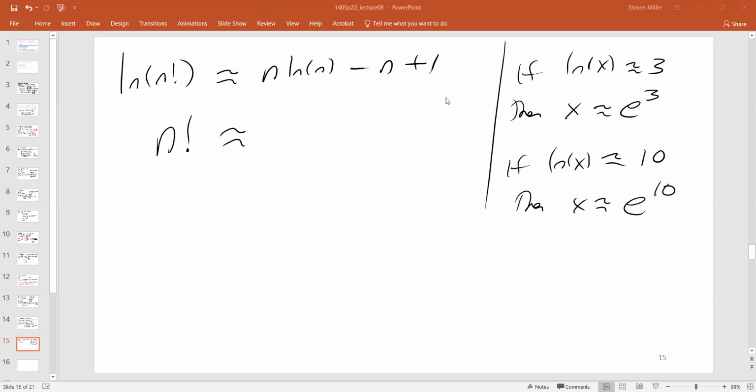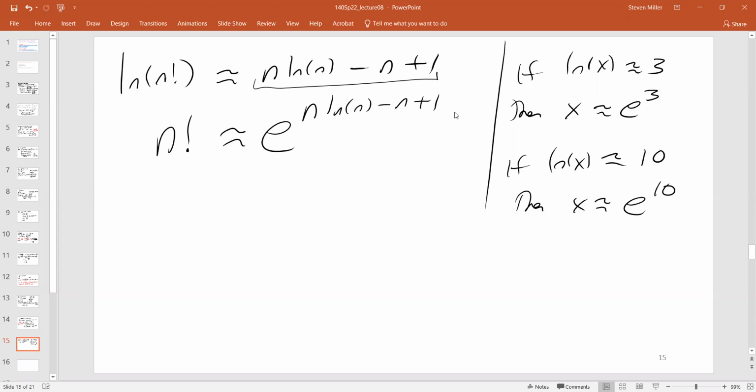We have the natural log of n factorial is this whole expression over here. E to the n log n. Anything else?